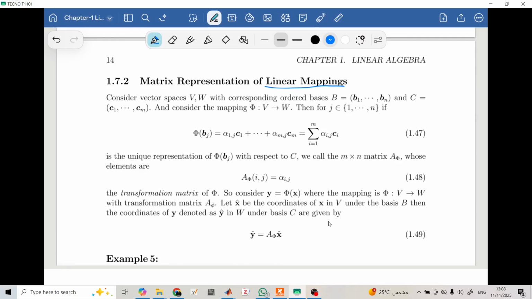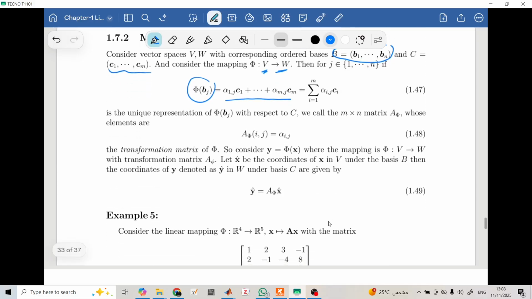Here we can define the mapping from V to W using the basis set B, and some vectors C. Then we can define the mapping of a single basis vector as a linear combination of the vectors in C. So this is a unique mapping with respect to the set of vectors C. Now this can be represented as a matrix.